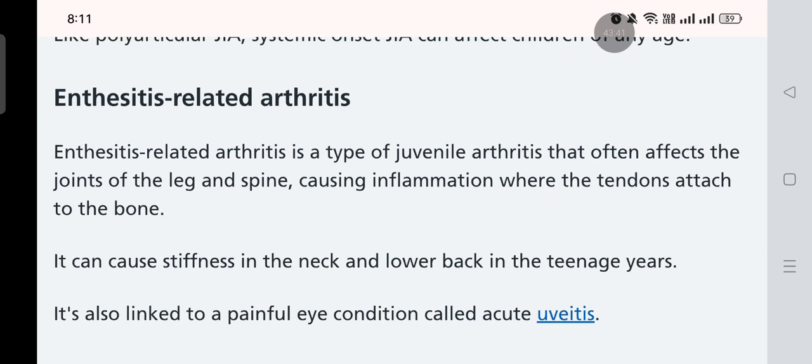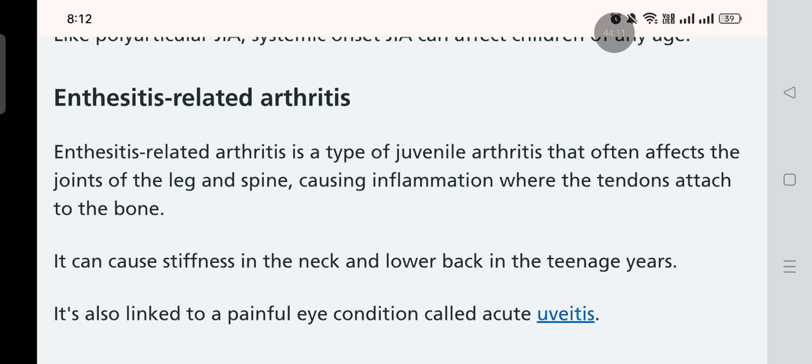Arthritis related arthritis is a type of juvenile arthritis that often affects the joints of the leg and spine, causing inflammation where the tendons attach to the bone.